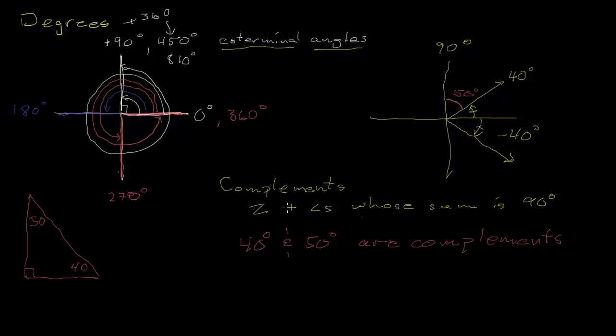And let's put another angle up here on our diagram. So suppose we have an angle here of, let's say it's about 115 degrees. 115 degrees has no complement.